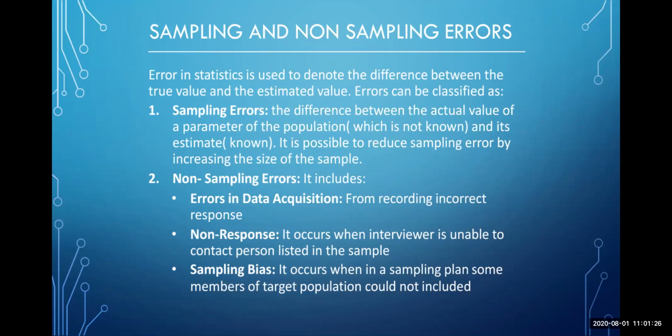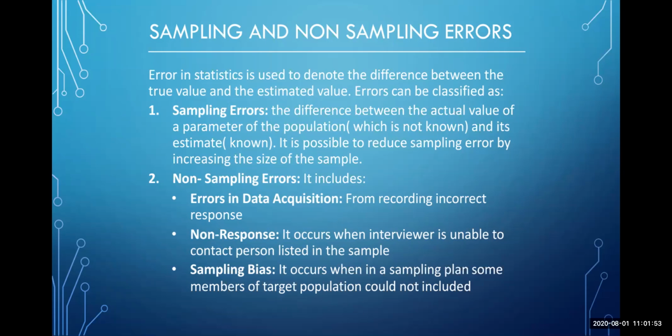And when we talk about non-sampling error, it includes error in data acquisition from recording incorrect responses. So when the responses are not recorded correctly, it falls under error in data acquisition. Then we can also have non-response. It occurs when the interviewer is unable to contact a person listed in the sample.